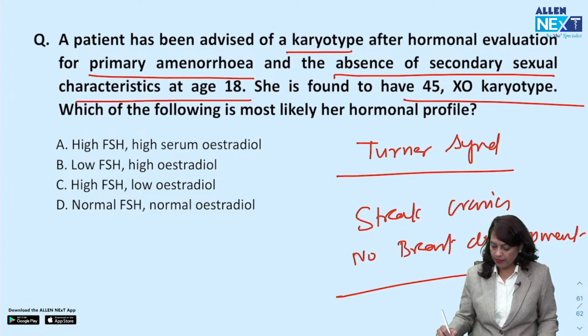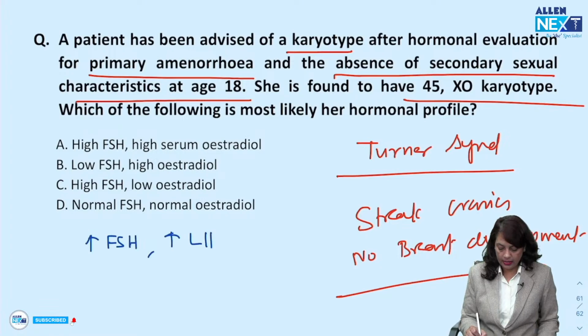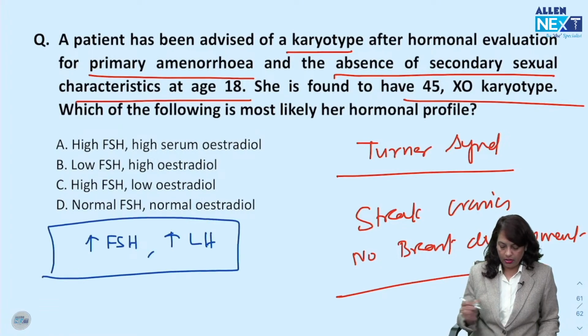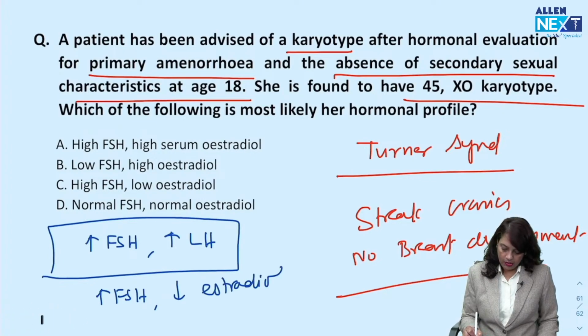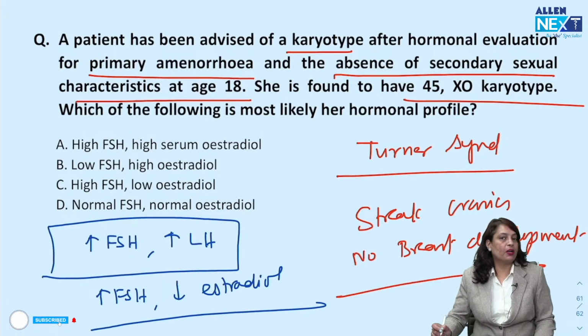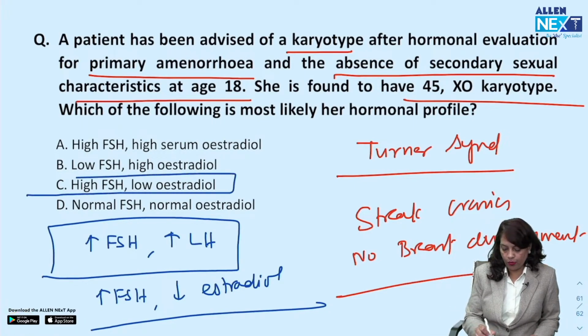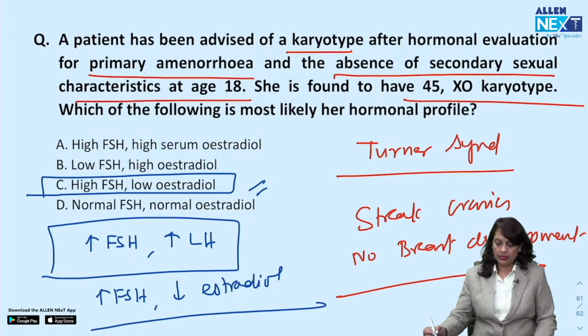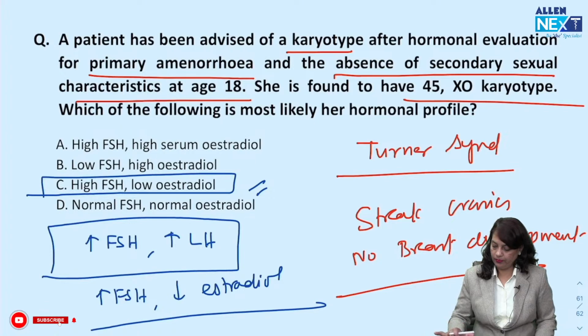So always remember, in such cases there is high FSH and high LH, or you can say high FSH and low estradiol. So it is hypergonadotropic hypogonadism. That is the picture you get in Turner's syndrome.